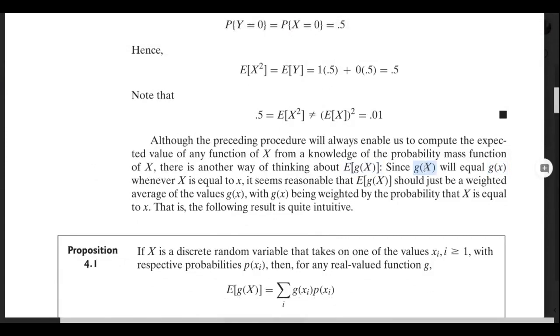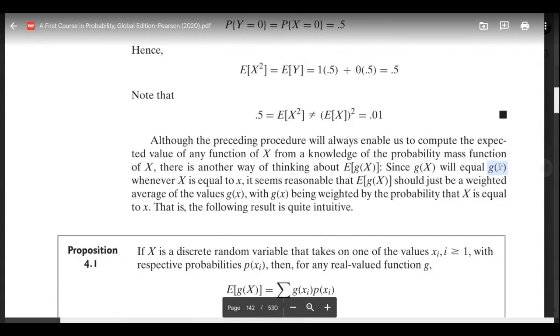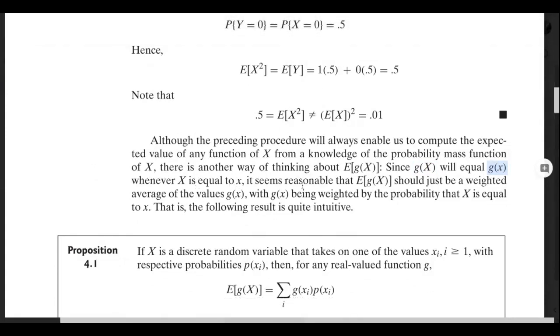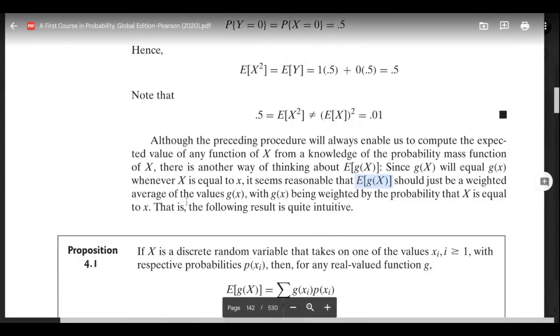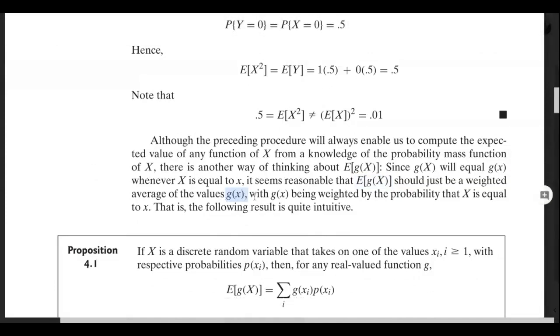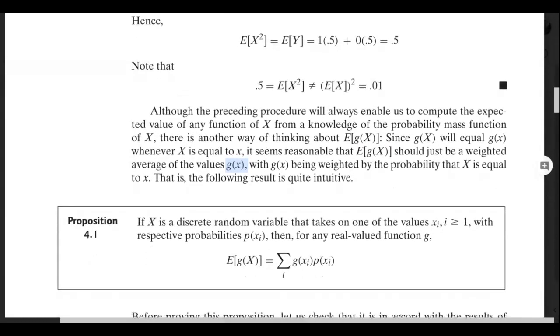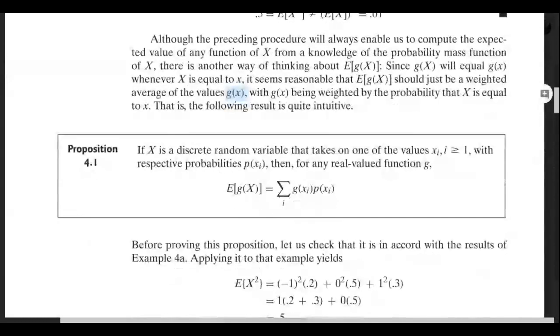So the capital letter X represents a random variable, and g of little x represents a specific value when X is equal to x. It seems reasonable that E of g of the random variable should just be a weighted average of the values of g of x, with g of x being weighted by the probability that X is equal to x. That is, the following result is quite intuitive.